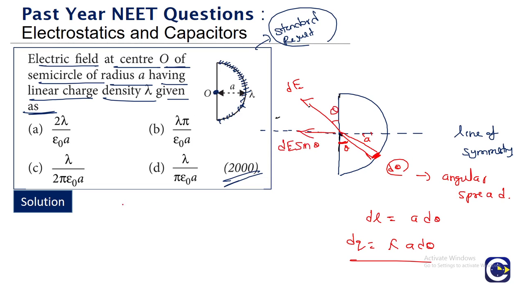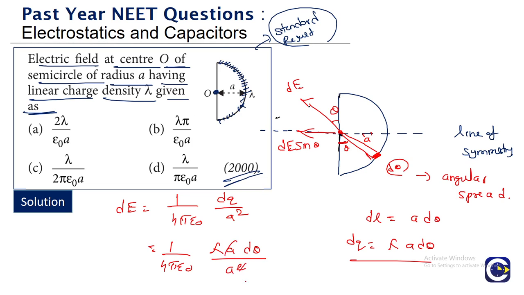So DE value is what? For this element, this point is at a distance a. So DE will be 1 by 4 pi epsilon naught dq by a square. So dq is what? Lambda a d theta by a square.